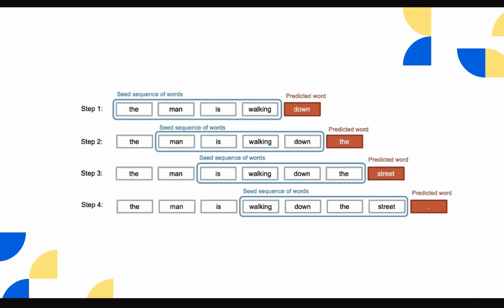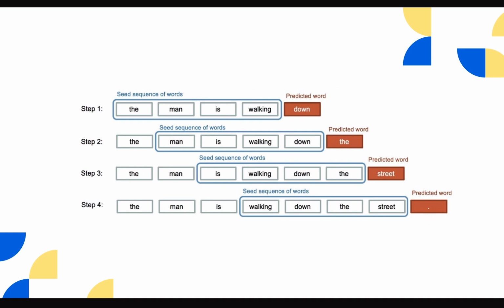Let's look into it in more detail with a different example. If you see step one, we are talking about the man is walking, and the predicted word is down. The man is walking down, the next predicted word is the, and then the man is walking down the street. This is the next word predicted, and then it ends with the full stop, right?